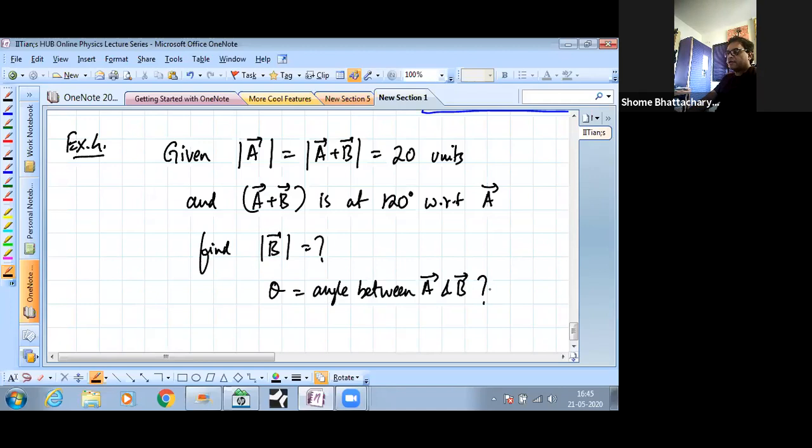You can use triangle law concept also, or you can also use the component method. So this question can be done by both the methods, component method as well as the triangle law method. So just try this one out also, people.